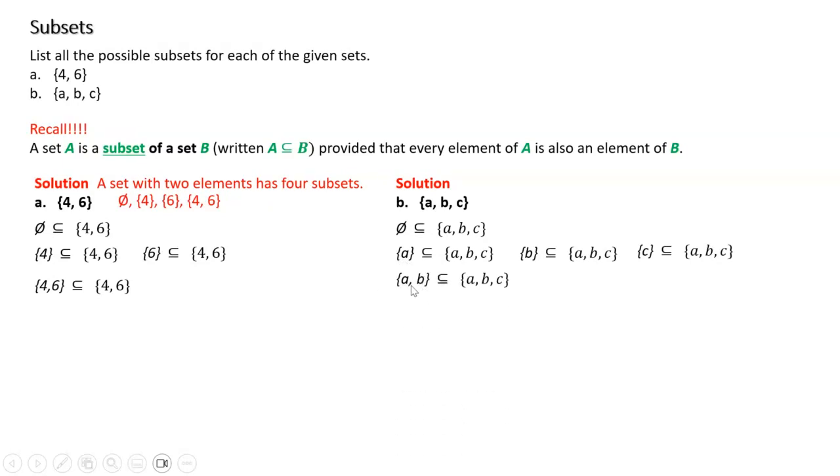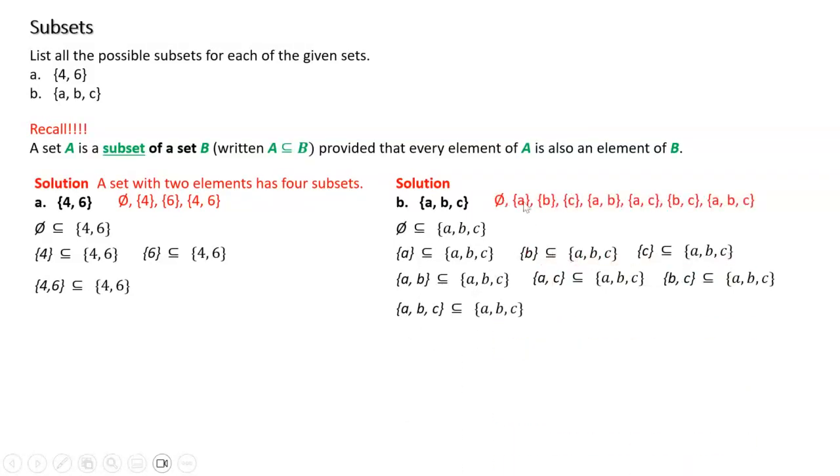Let's put AB, right? The set AB is also a subset of the set containing A, B, and C. And then we're going to put AC and then BC. That's the only way it can be with 2 elements. Now, the last one is every set is a subset of itself. So there's my answer, there's the list.